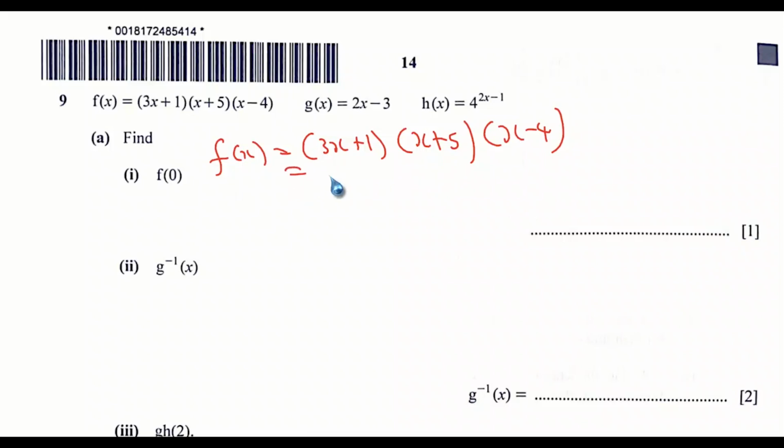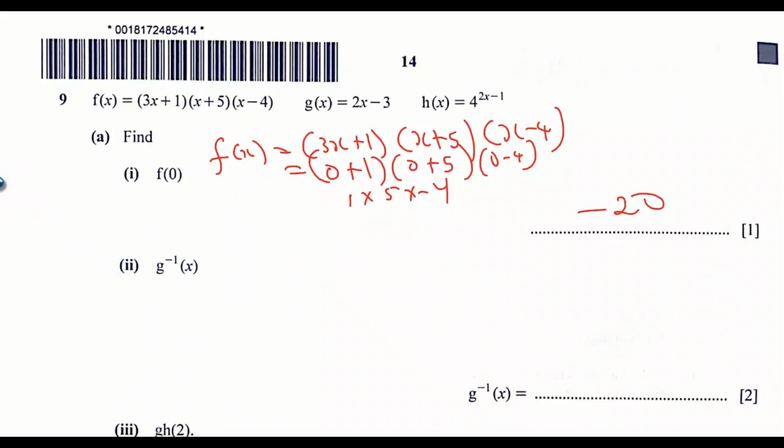So we're going to have 0 plus 1 into 0 plus 5 into 0 minus 4. So we are left with 1 times 5 times negative 4. So this is negative 20.